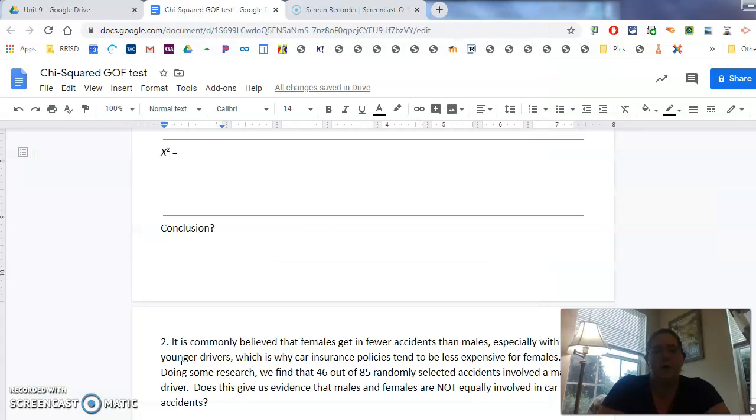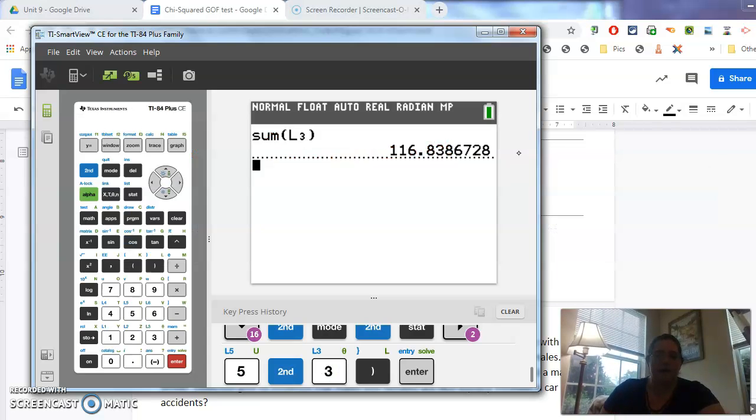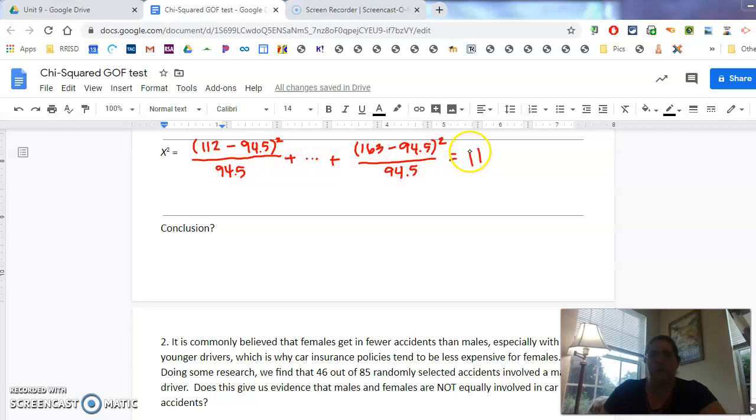So when I do all of that math, if I were to individually find each of those numbers and add them all together, I get 116.8, which is a very large number. If you remember, I'm going to kind of draw this, the chi-squared model is kind of skewed to the right.